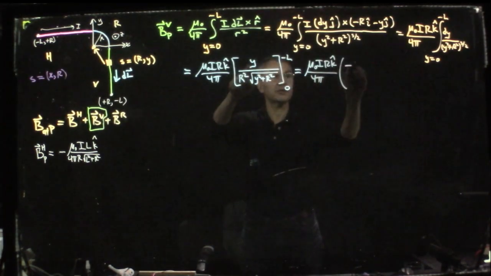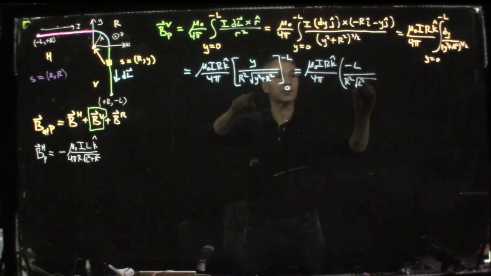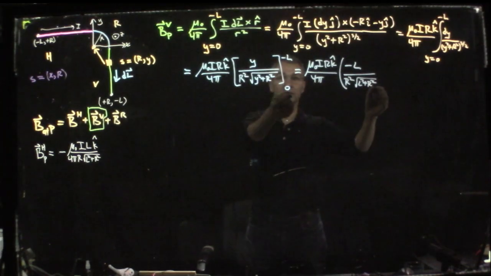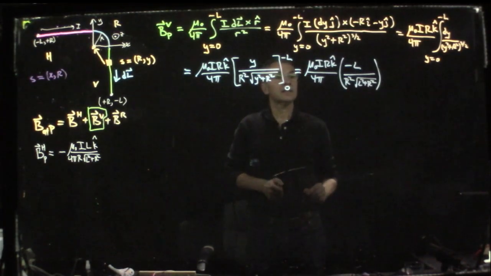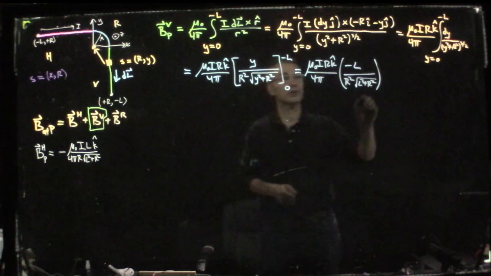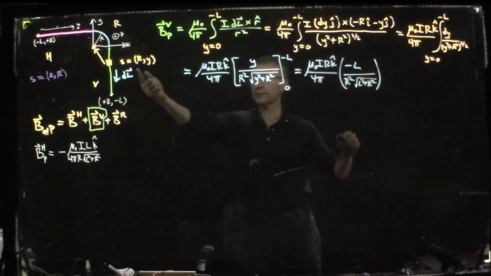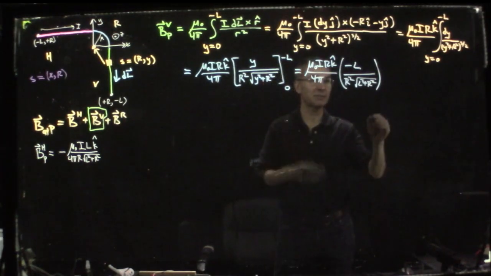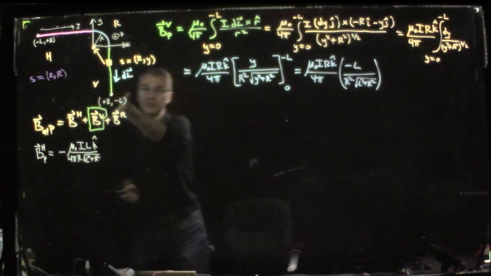So this is minus L divided by r squared square root of L squared plus r squared. And then minus 0, because we'll plug in y equals 0. Then we get a cancellation of one factor of r, and then we get our minus sign back, which is a relief because we somehow know by peeking that the magnetic field is going to be in the minus z direction.